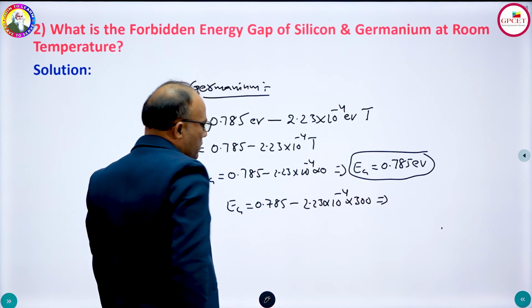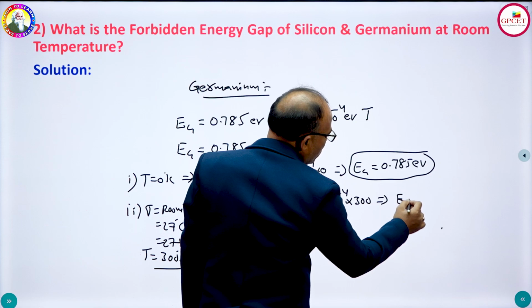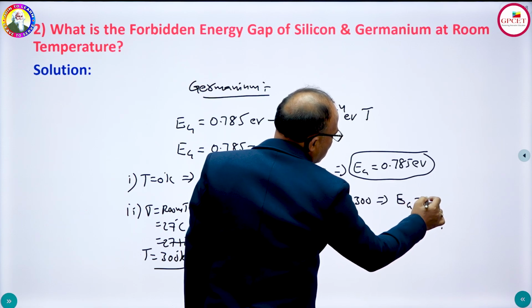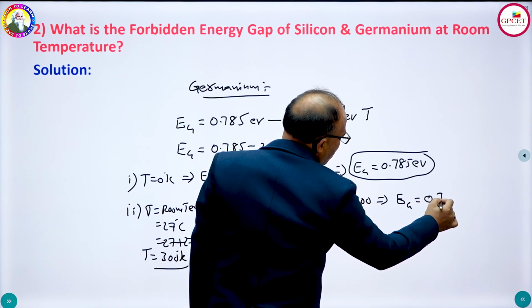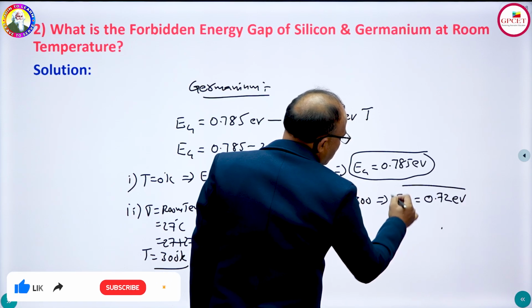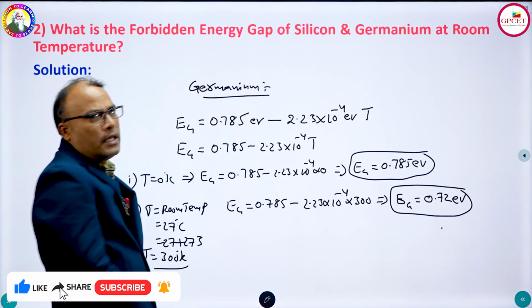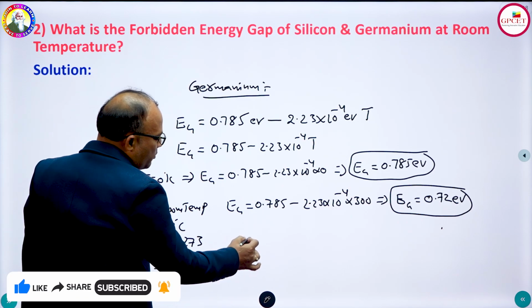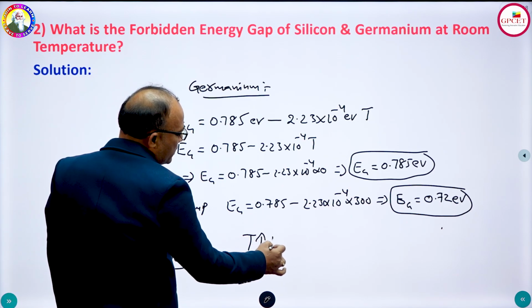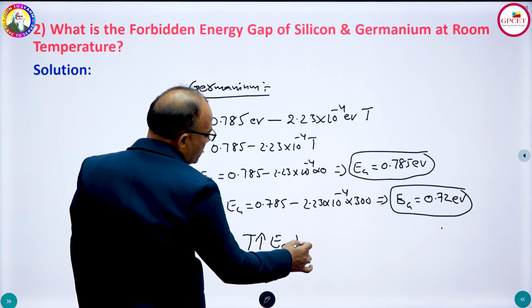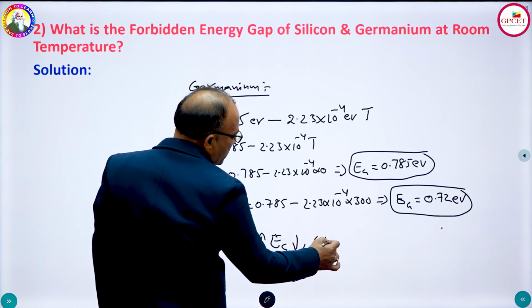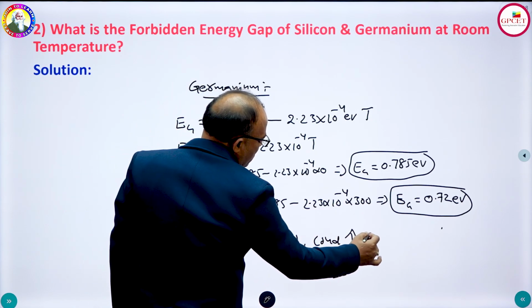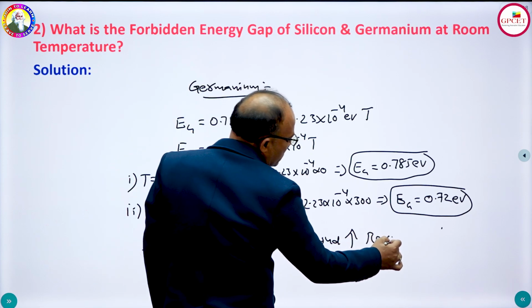So you get energy gap equal to 0.72 electron volts. Even for the germanium case, we can tell that as temperature rises, energy gap decays, conductivity increases and resistivity decays.